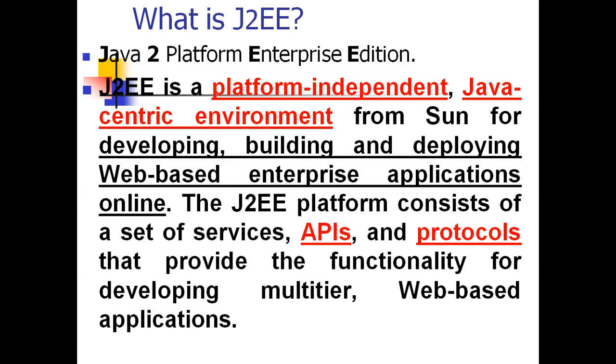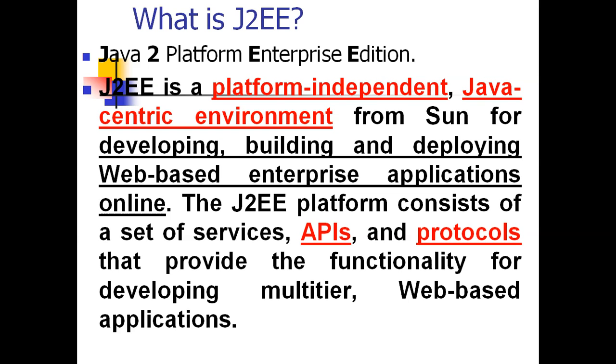However, we can say Java is in a transition phase, and maybe in newer terms, day by day the importance of Java is increasing, and Java is updating itself this time. Hence, the main benefit of J2EE is a Java-centric environment from Sun for developing, building, and deploying web-based enterprise applications online.